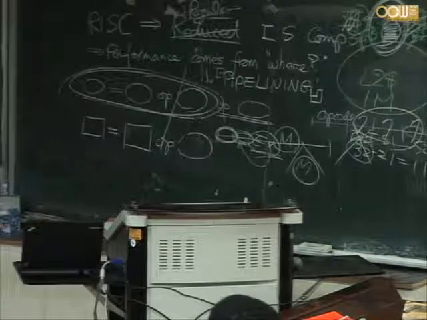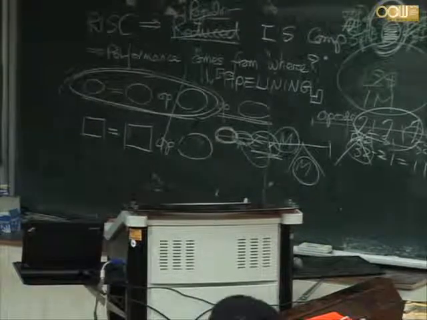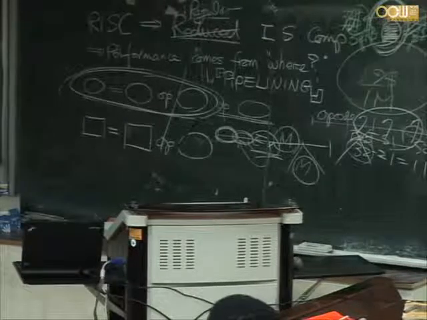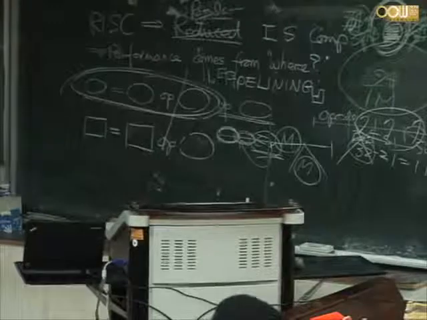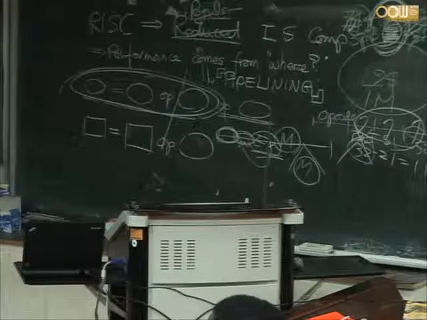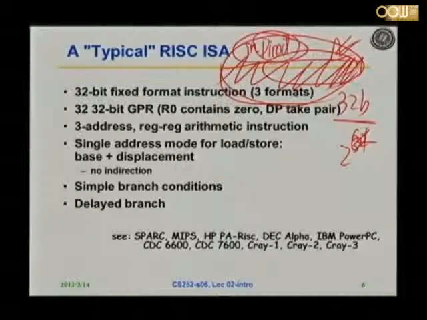So the branch condition must be simple for easy and hence maybe earlier resolution. The earlier branch resolution enables streamlined effective instruction fetch.